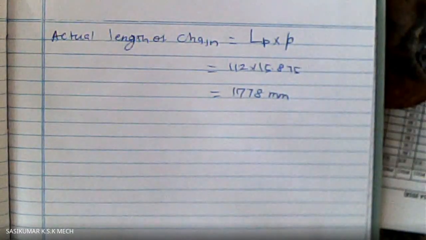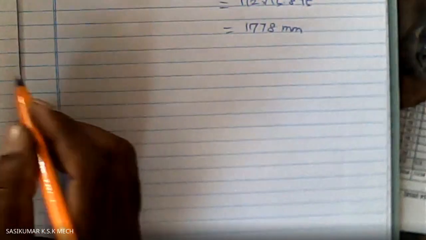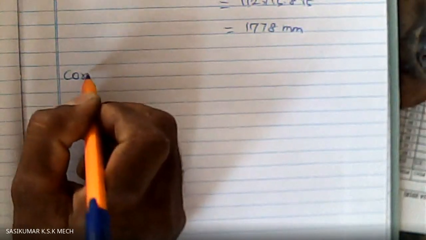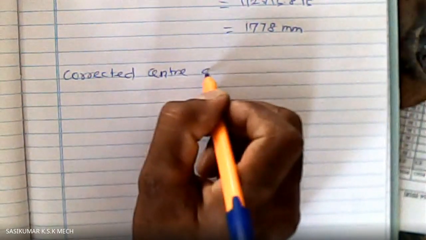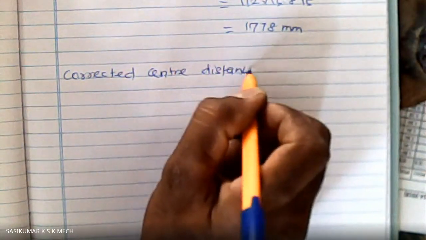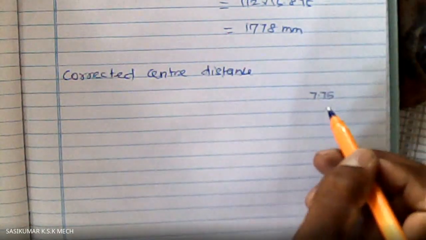Okay, so now we have to correct the center distance because we have changed and standardized a certain thing, so that needs to be accommodated. To find that, we need to correct the center distance. The corrected center distance relation is available in page number 7.75.